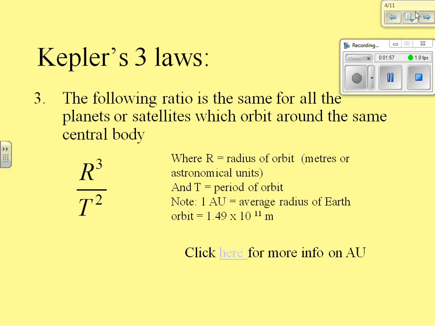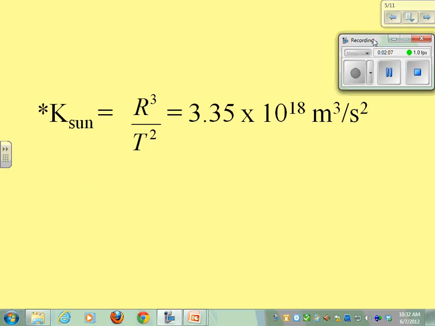Now, r cubed over T squared for things that orbit the Earth is different than for things that orbit the sun. The Kepler constant for the sun, r cubed over T squared, was 3.35 times 10 to the 18 cubic meters per second squared. How exciting.